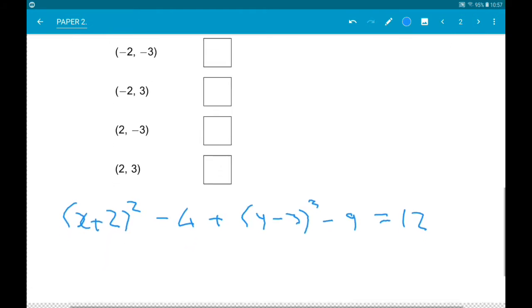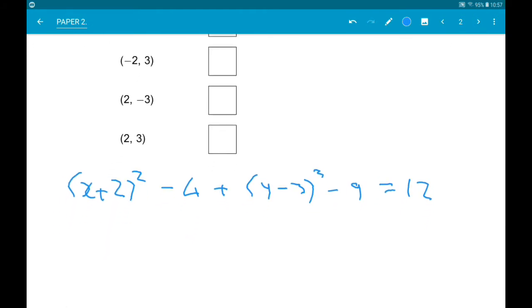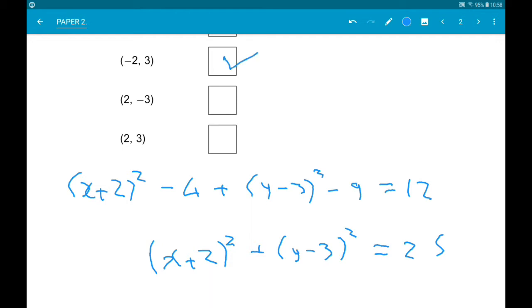So we can get that as x add 2 squared add y minus 3 squared is equal to 25. So the centre is minus 2, positive 3. And the radius would be 5.